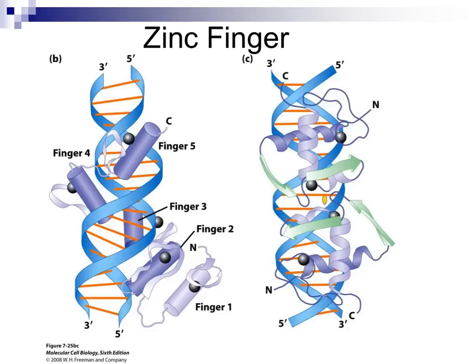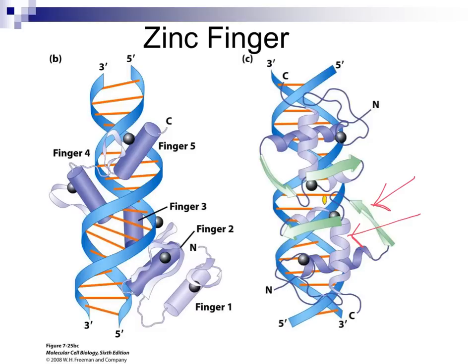All right, this is the second type, known as a zinc finger. On here, if you look at figure C, it helps to show some of the characteristics. There are also some helical regions, but you'll also see green little flat arrows.